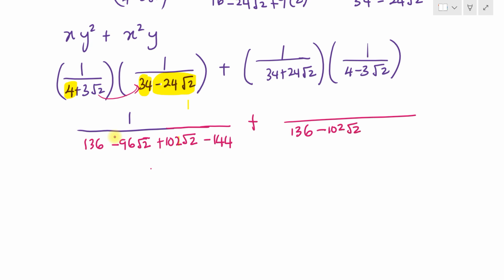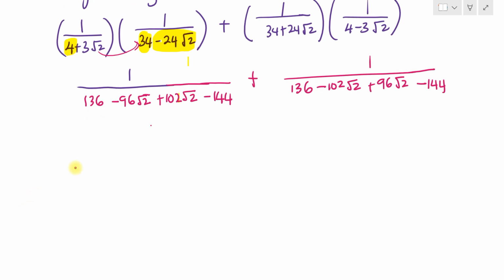And then 24 surd 2 times 4 is 96 surd 2. And then 24 surd 2 you multiply by negative 3 surd 2. You should be getting negative 144. Here. Okay. Looks very messy.